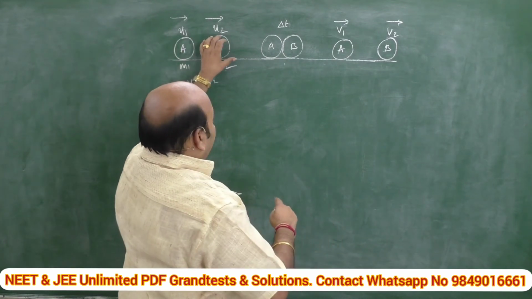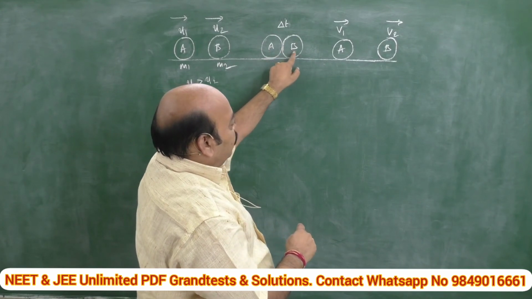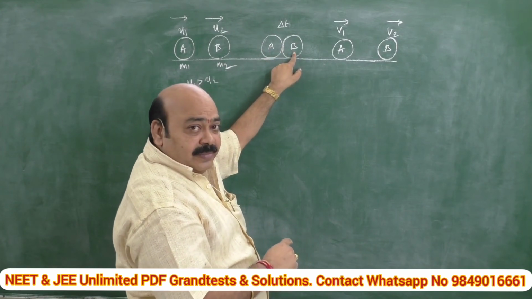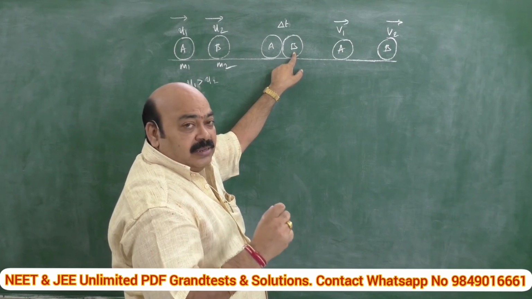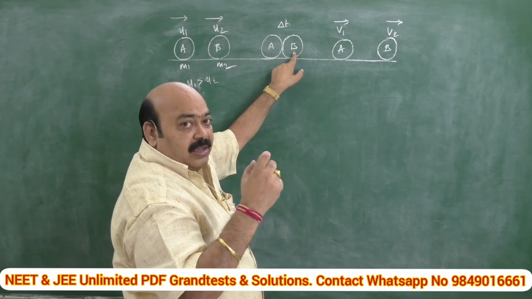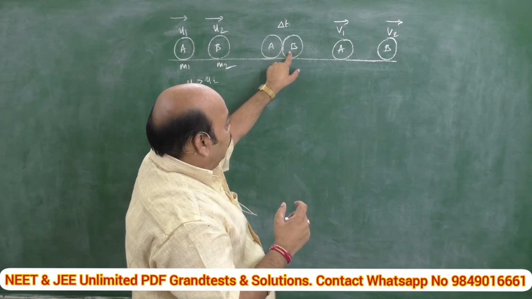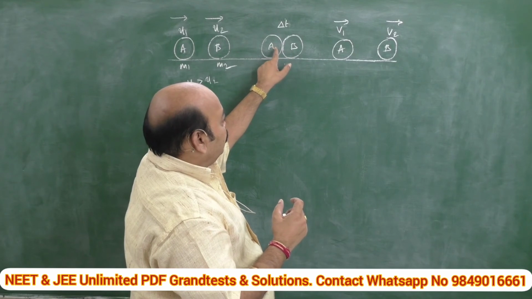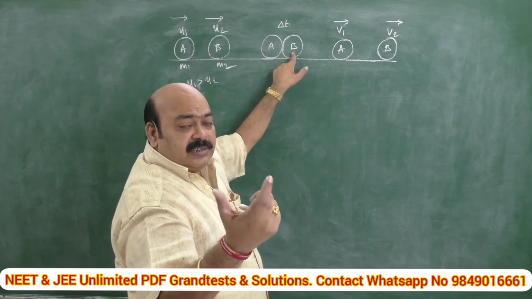When these two collide, the sphere A exerts some force on B. Be careful. It's very logical thinking, so don't try to memorize this. It's a derivation part. It's brain work. When A hits the ball B, some force is exerted by A on B. When force is exerted, what happens?